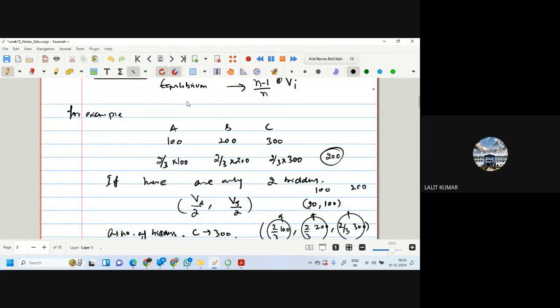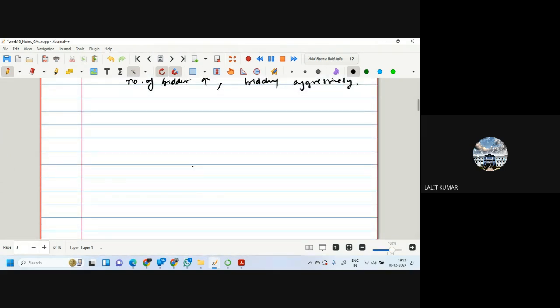Now we come to all pay. Remember, the formula for the first price was (n minus 1) divided by n times v_i. For all pay, it is (n minus 1) divided by n times v_i to the power n.